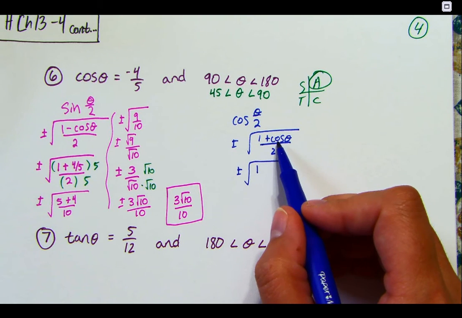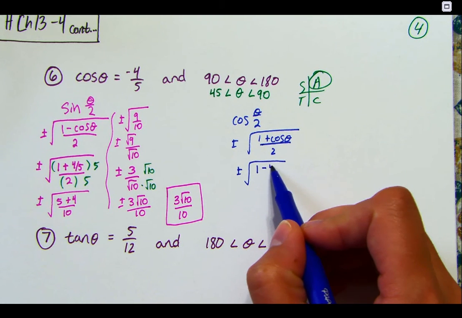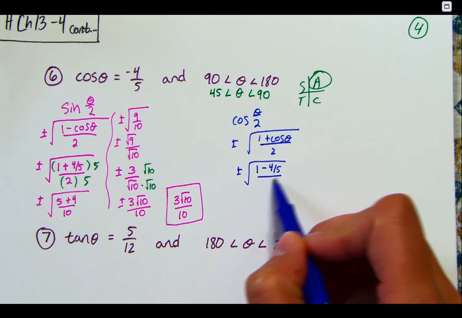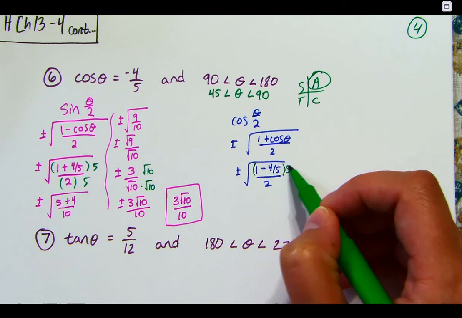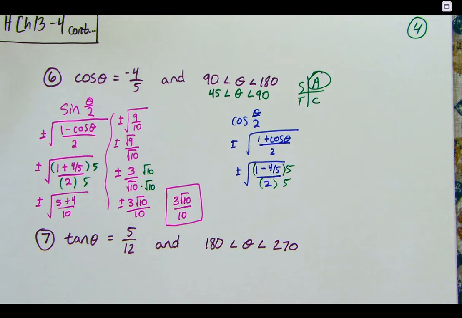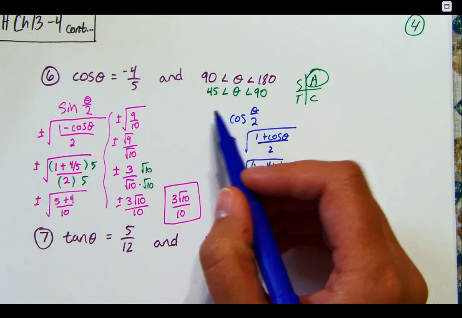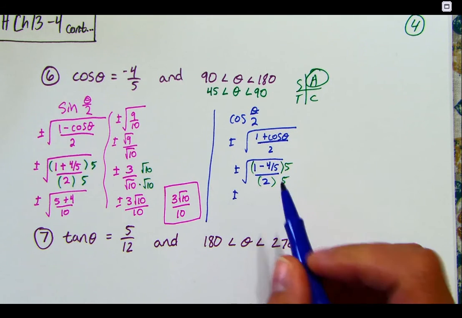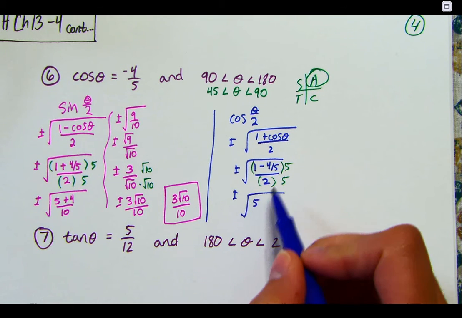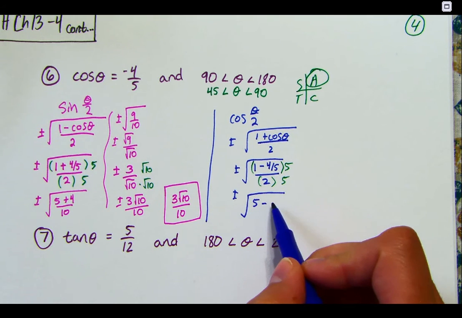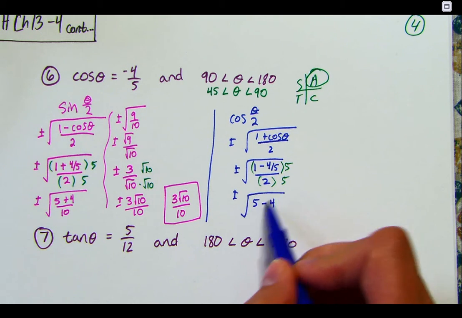And since I'm going to be adding a negative, I'm just going to write it as a subtraction. And then just like on the previous one, we're going to multiply the numerator by 5 and the denominator. So if I distribute, that will be 5, and then 4/5 times 5 is 4, and 2 times 5 is 10.